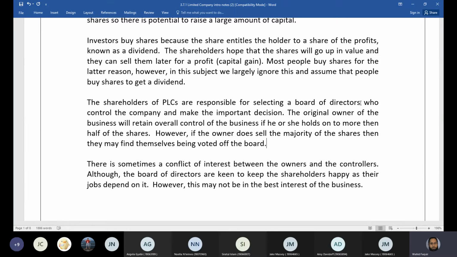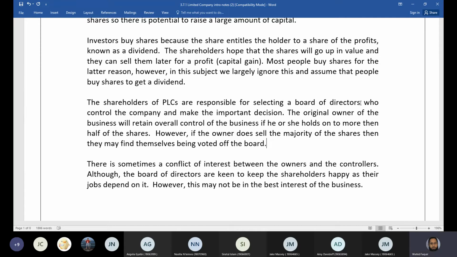They run the business. Over time, if these directors invite more and more people to buy shares as a private limited company, and then perhaps eventually as a public limited company, when they start selling shares to the general public, then over time their control becomes diluted.